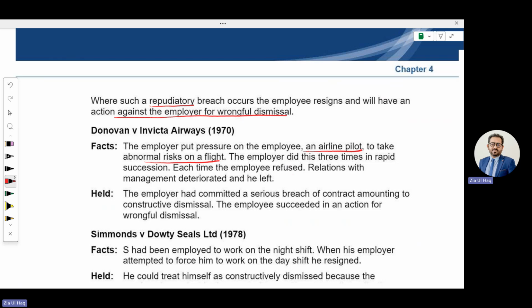Each time the employee refused, relations with the management deteriorated and he left due to the misconduct of the employer. The employer had committed a serious breach of contract amounting to constructive dismissal. The employee succeeded in an action for wrongful dismissal. Because being a pilot, he cannot take abnormal risk during flight hours, because this can put the lives of others at risk as well.